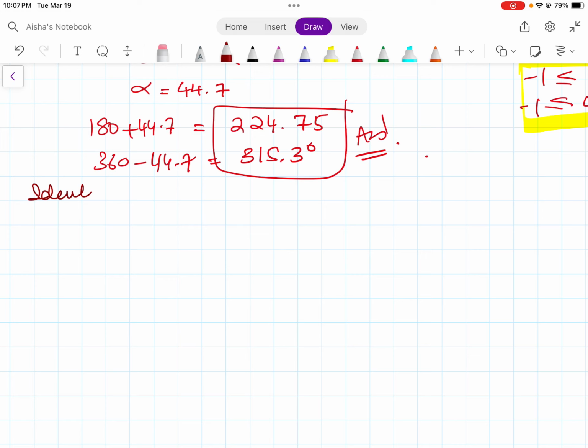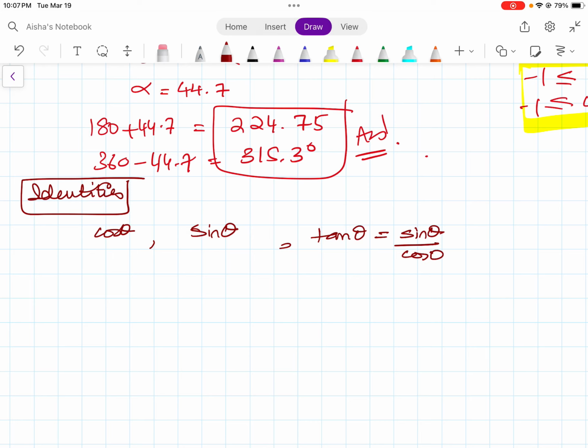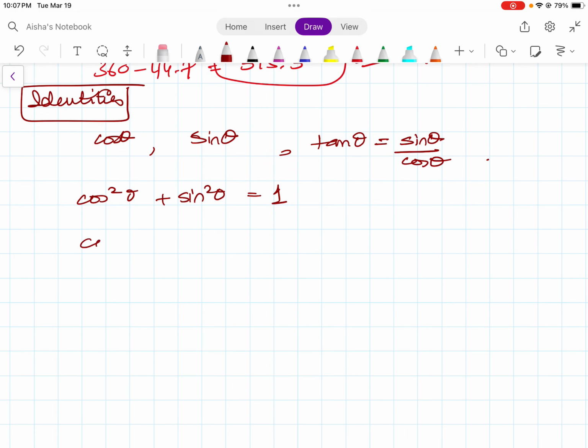So in identities, cos theta and sin theta are your basic trigonometric functions. Next is tan theta is equal to sin theta upon cos theta. And the identity is cos square theta plus sin square theta is equal to 1. So how can I switch this identity? 1 minus sin square theta is 1 minus sin theta, 1 plus sin theta.